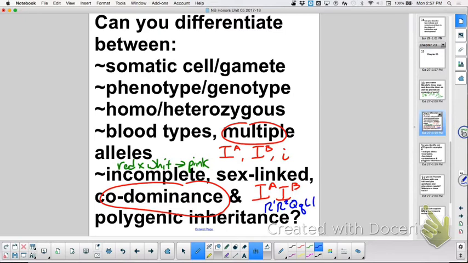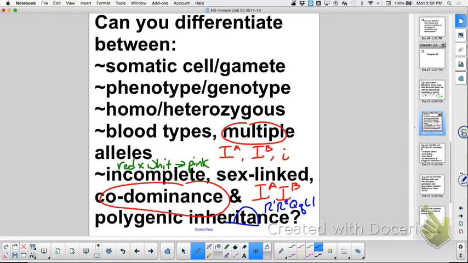You could have all of these things. Polygenic, many genes. And there you tend to see that bell-shaped curve. And all you have to do is look at our height, look at our skin color. Those are all polygenic traits. And those can be easily influenced by the environment as well.